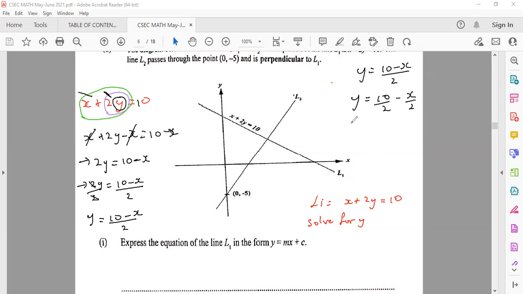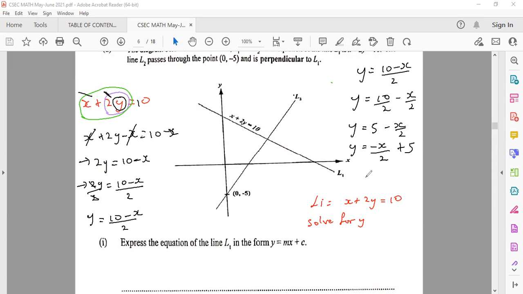Of course, we know that 10 over 2 is equal to 5. So that's 5 minus x over 2. X over 2 is a coefficient. Let's just flip this around. This is minus x over 2 plus 5.